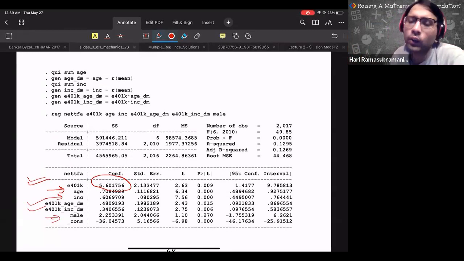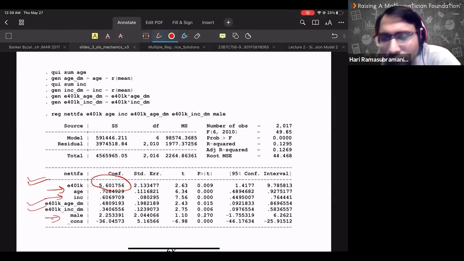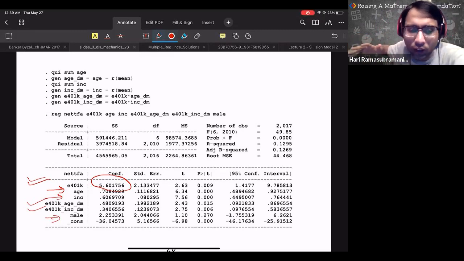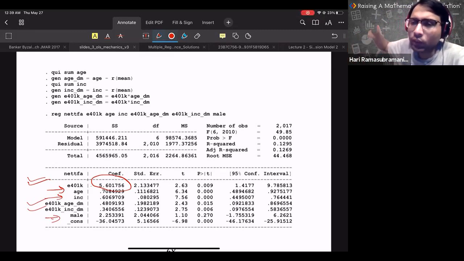And you can see that it goes on increasing. So the effect is not constant. The effect is not linear. The effect is non-linear. That is, not everyone will have an increase in net financial wealth of 5.601756. In fact, it will go on increasing.